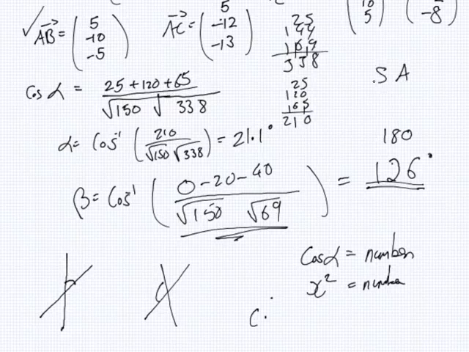Oh, I see, okay. So because it's minus, it has to be bigger than 90, one of these two. Bigger than 90. But couldn't it be bigger than 180? A triangle, yeah.